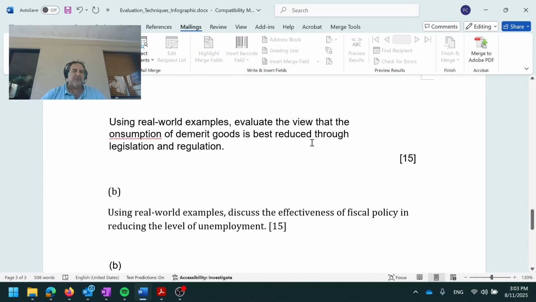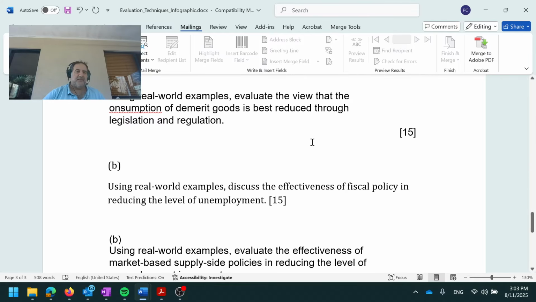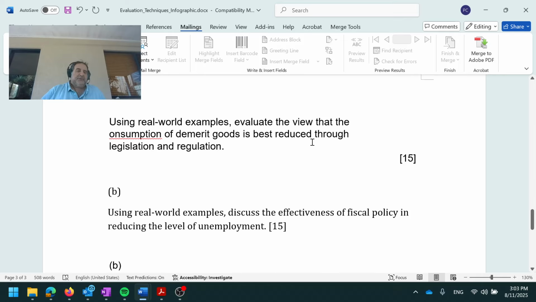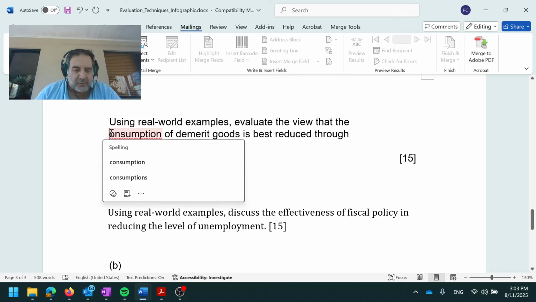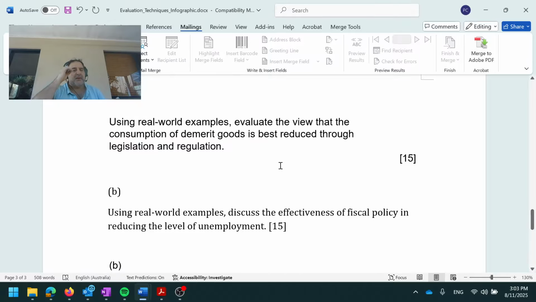I think they're the main things. I've got a couple of questions there that have come from previous exams. I can't remember when this exam question was set, but this was a Part B a few years ago. It's looking at the consumption of demerit goods is best reduced through legislation and regulation. So the approach there is, firstly, once you get through your introduction, you might quickly define what demerit goods are.